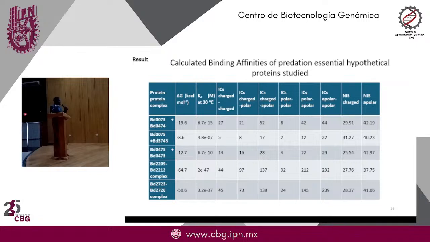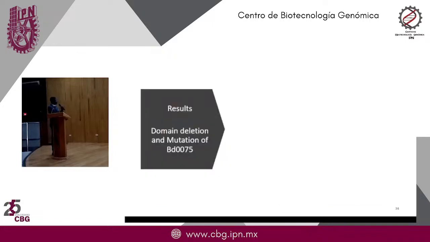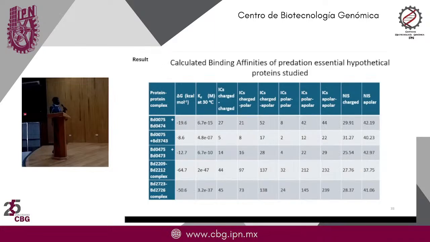So this can easily form, and it corroborates the results from AlphaFold, that this interaction can be formed more easily than this, and that this interaction will happen in the presence of 3743, which is present in both phases of the Bdellovibrio predation. For the other complexes, we found 67.7 and 50.6, which are very high binding affinities.